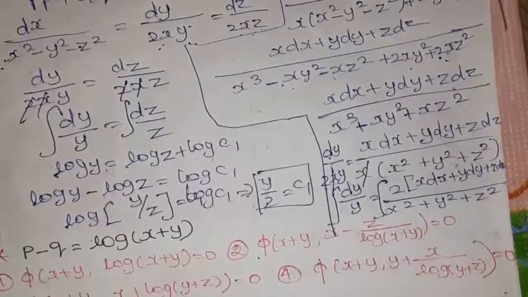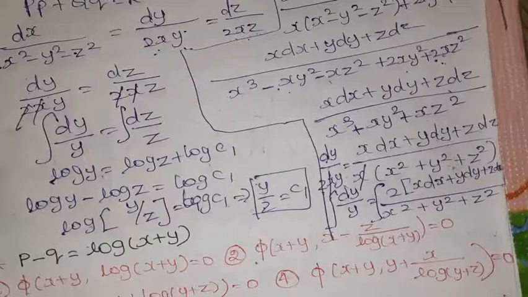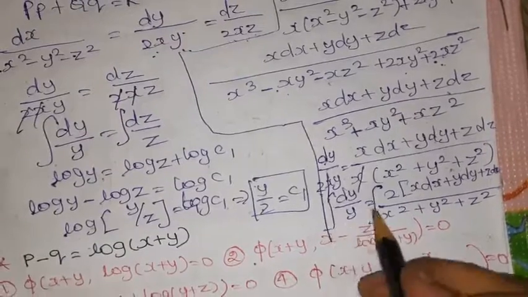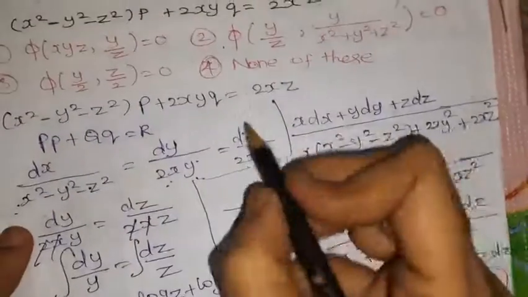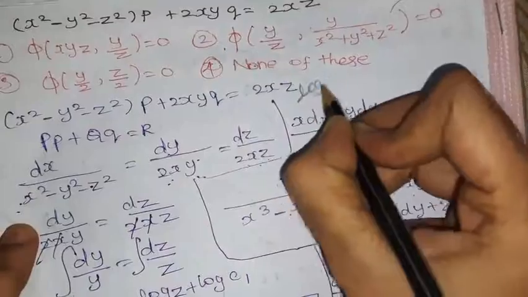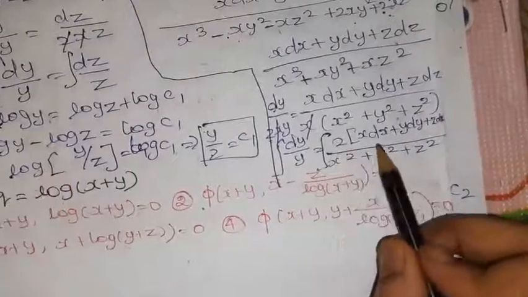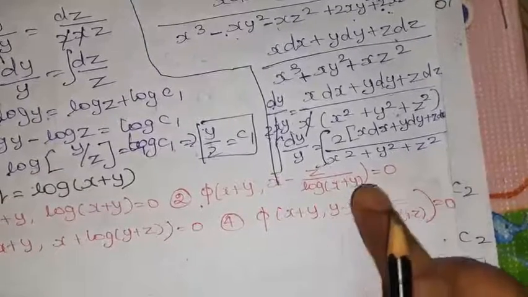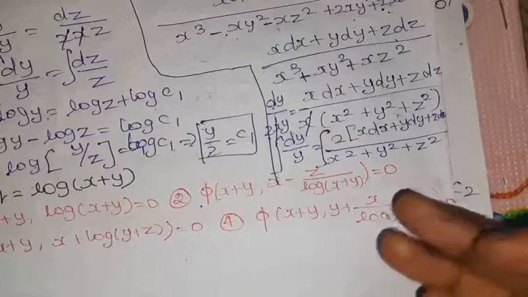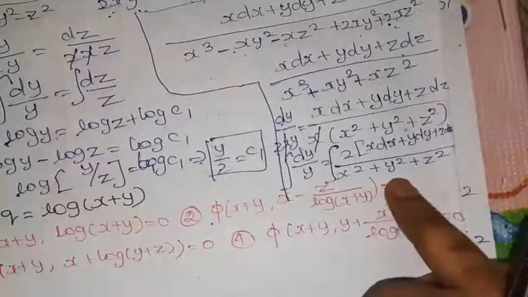By integrating on both sides, I am writing using the pen. dy by y gives log y. There is no space, guys, so I am writing here, log y, and see carefully. Integrating this term, we can do a substitution: the logarithm of x squared plus y squared plus z squared.